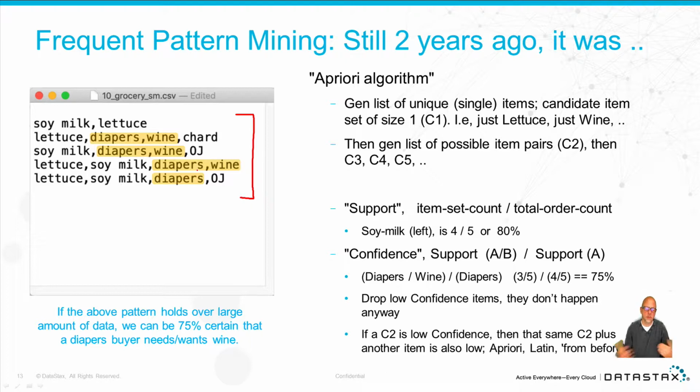There's actually a difference, by the way, between having wine and adding diapers and having diapers and adding wine. And it has to do with the frequency of the C1. If everybody buys wine, then my confidence that diapers add wine versus wine add diapers is different, and that's because it's in the denominator, and it'll tank your confidence.